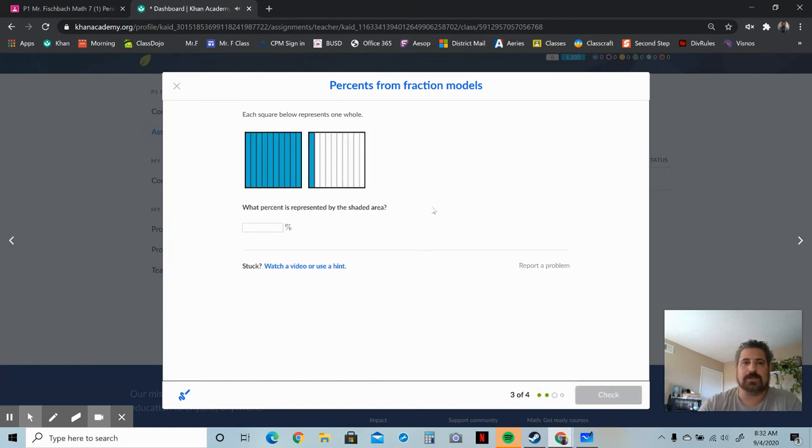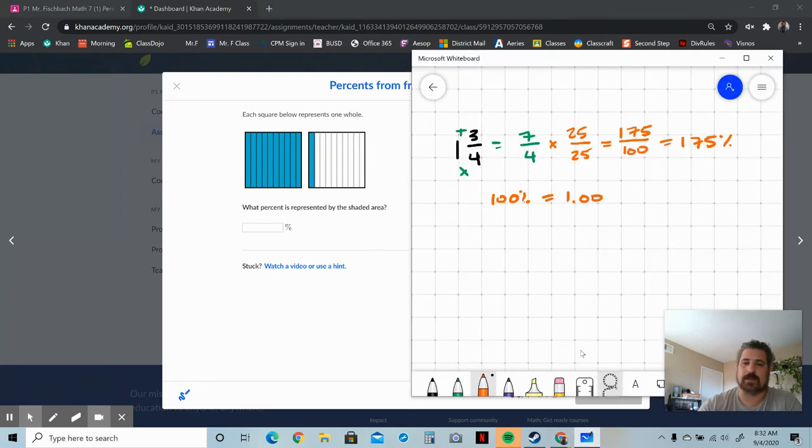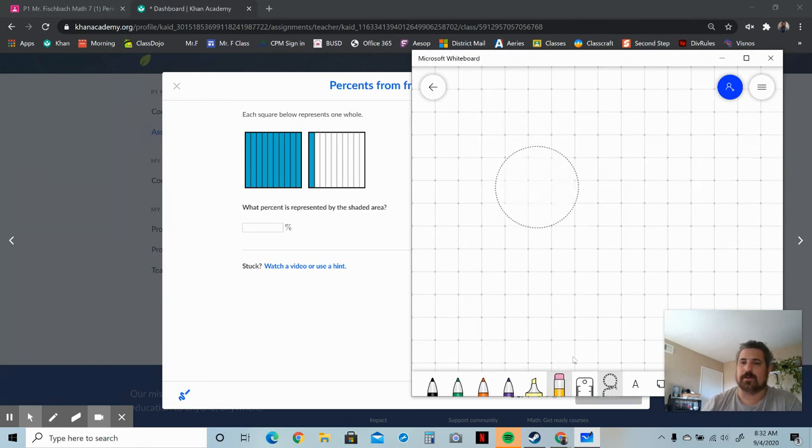It says each square below represents one whole. Once again, this is going to be more than 100%, because you've got a whole 100% on the left, and then you've got 1/10 on the right. So this is the same as 1 1/10. If you want to make it a proper fraction, you do 1 times 10 plus the 1.